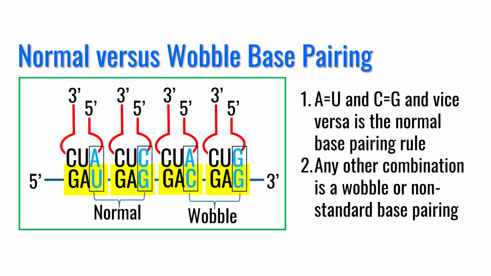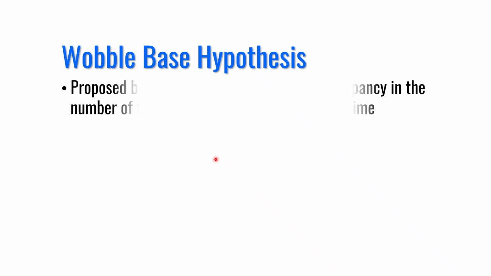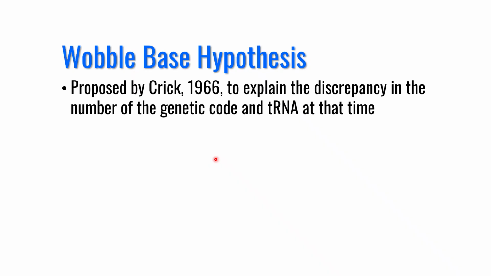And this will help you to understand now the wobble base hypothesis. Let us discuss wobble-base hypothesis. I will present first a basic overview, then I will come to specific points with examples. This was proposed by Crick in 1966 to explain the discrepancy in the number of genetic codes and tRNAs known at that time.